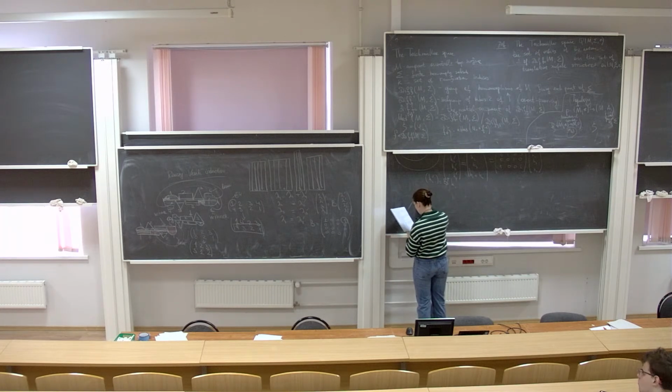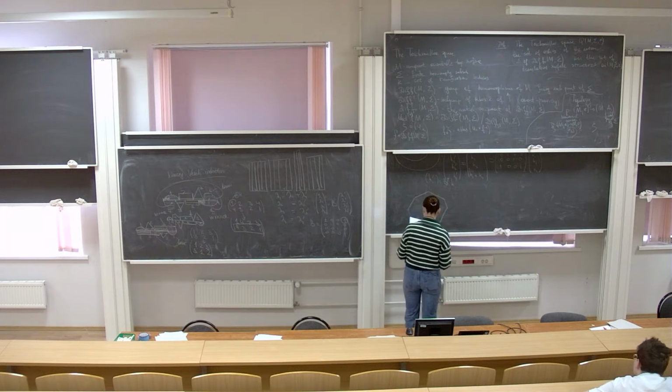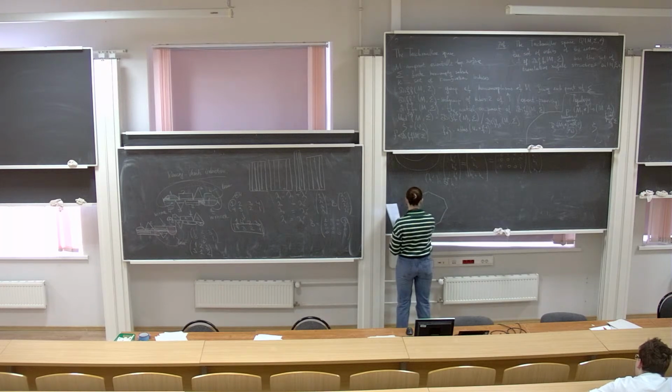It's 1, 2, 3, 4. And now I do 4. Then 3. Then 2. Then 1. And now I have to do so this is 1, this is 2, this is 3, this is 4.